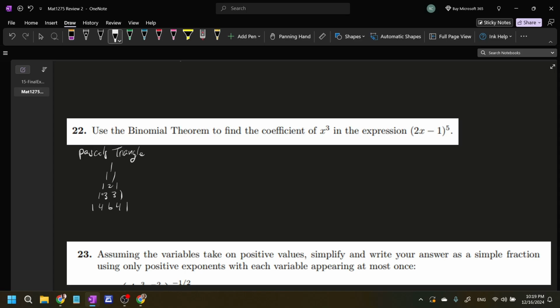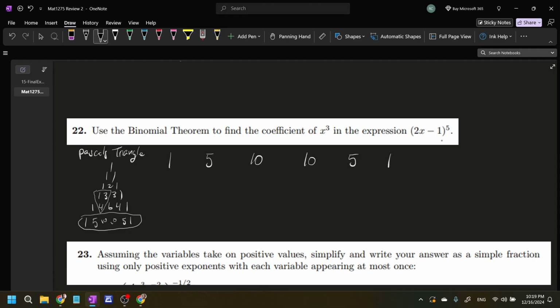Adding up the numbers above to get the number below. We have 1, 5, 10, 10, 5, and 1. So this is the row that we're going to use to get our coefficients. So let's write our coefficients out. Let's space them out. 1, 5, 10, 10, 5, and 1.